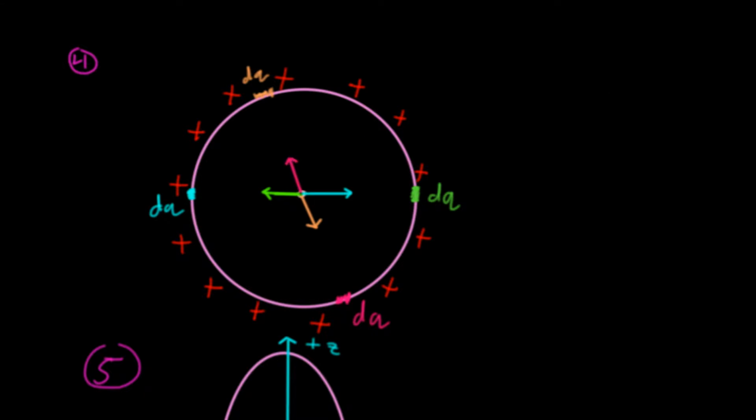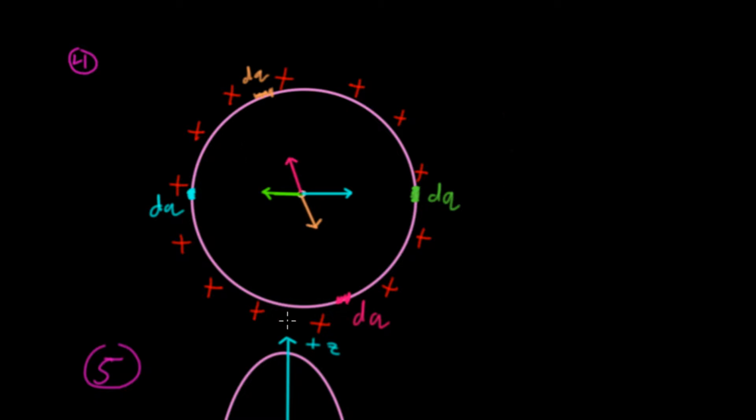And so what we see is that as we go around this ring and imagine dqs on opposite sides of it, their electric field vectors cancel each other out. If you were to add the green and cyan or turquoise electric field vectors here, you'd see that they sum to zero. They just sum to a point. And the same thing for the magenta and orange vectors here. They sum to zero.